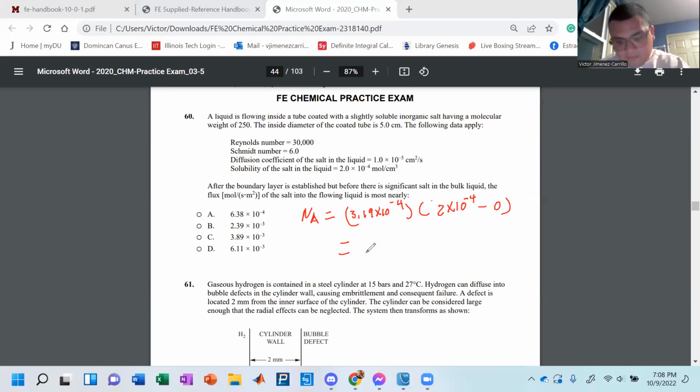This gives you an answer of 3.38 times 10 to the negative eighth.